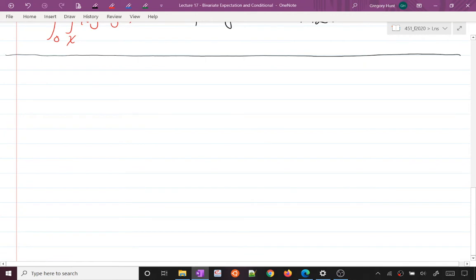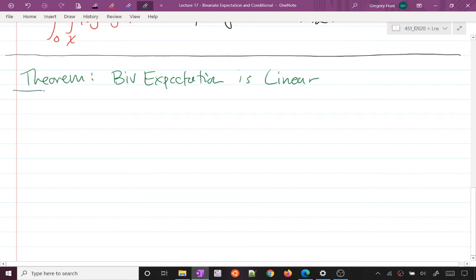Before we get ahead of ourselves, let's just look at some simple theorems. So here's a theorem, and the theorem says that bivariate expectation is linear. This won't be too surprising given that we had all this talk about how univariate expectation is linear, and it is also true for bivariate expectation. So let's write out the theorem.